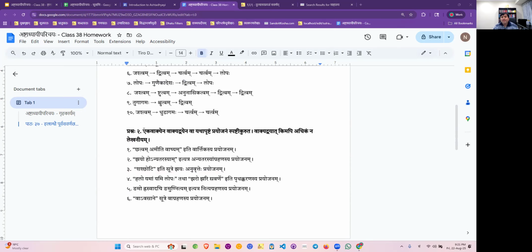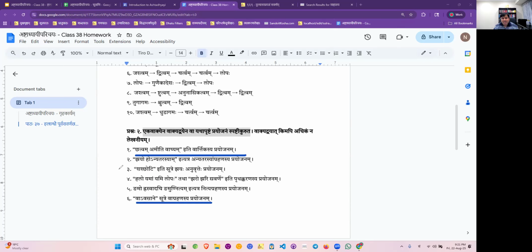And second one, ekavakyena vakyadvayena va yatha prishtam prayojanam spashtikurta. So a prayojana, a reason is asked, only one or two sentences are allowed, don't write beyond that. So Chhatvam amiti vachyam iti vartikasya kim prayojanam. So just give an example, tat plus shlokaha ityatra Chhatvam apekshate. That's all that I am looking for.